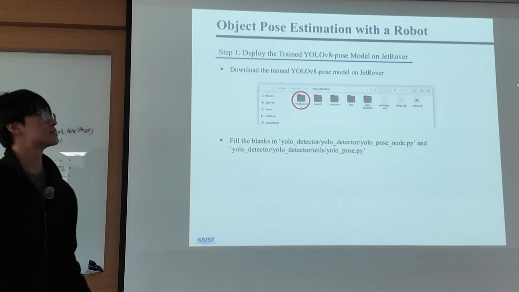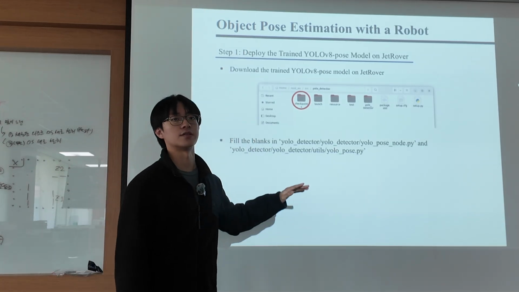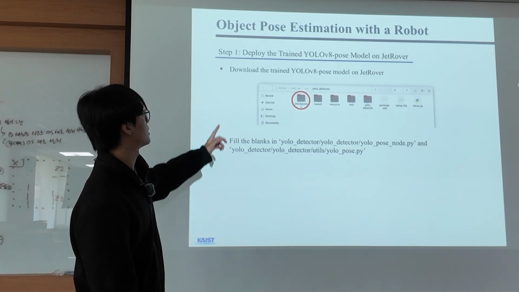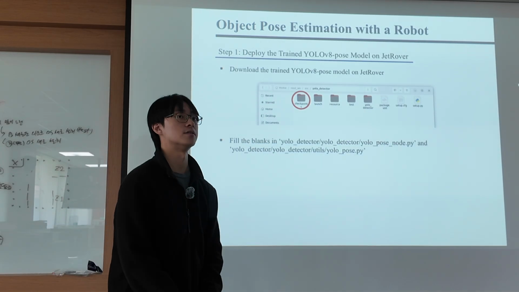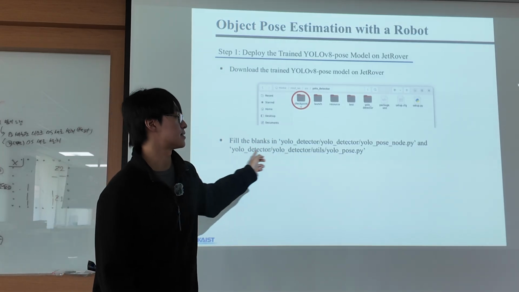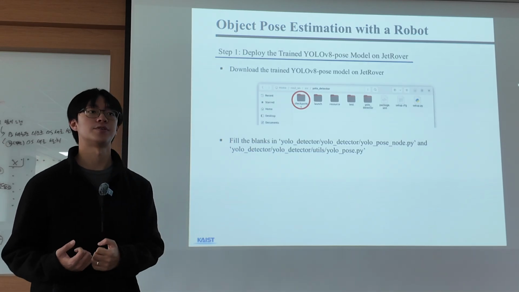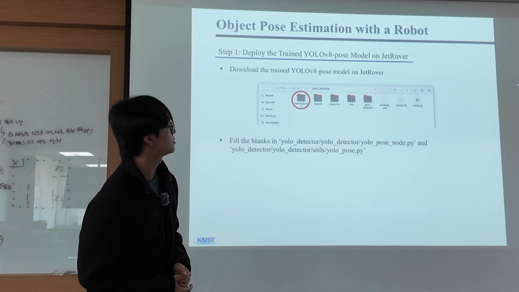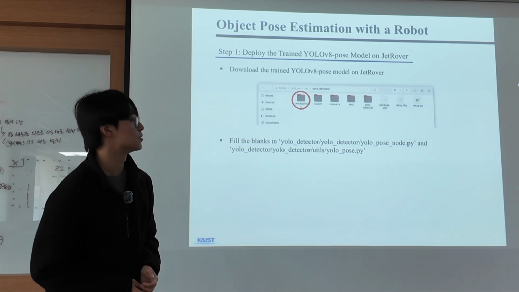After training is accomplished by running all of the Jupyter Notebook cells, you can download the trained YOLO V8 pose model onto the JetRover, and then fill in some blanks, like the path or the predicting function, by editing YOLO pose node.py and YOLO pose.py.